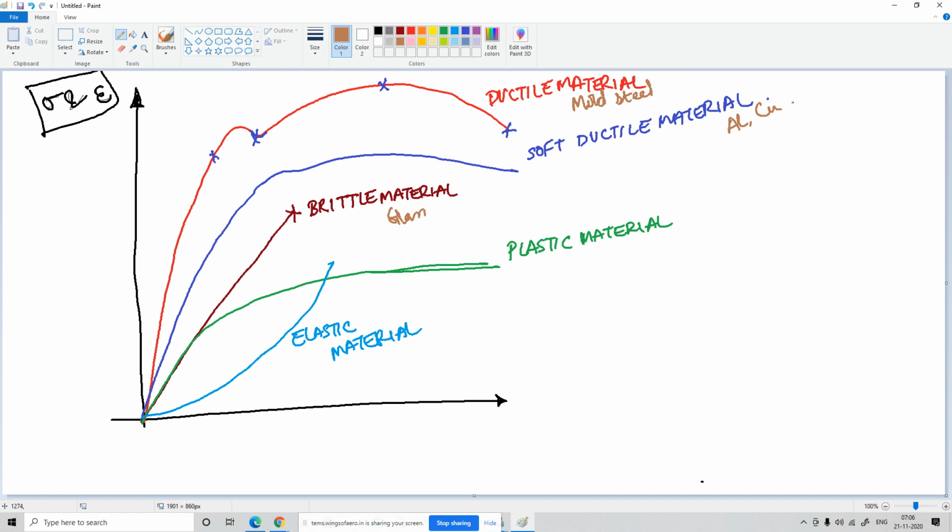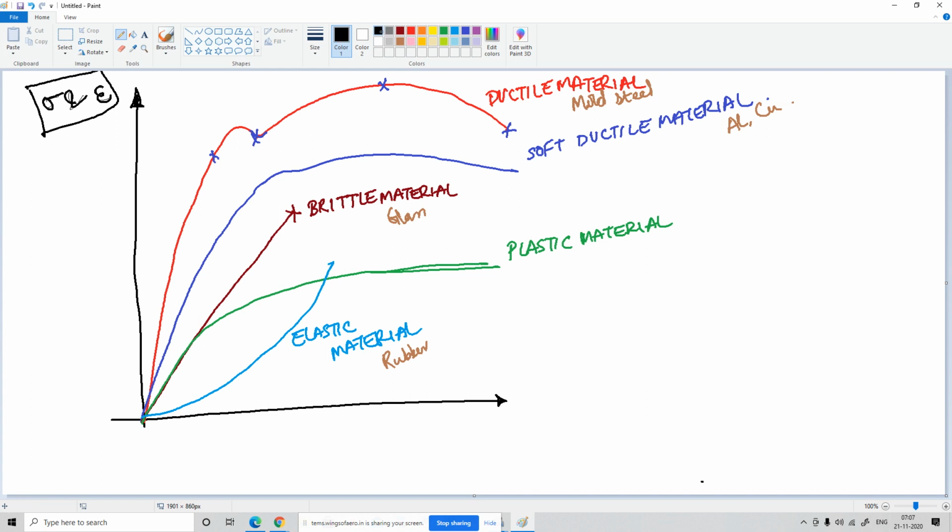Plastic material, and elastic means rubber. Right? Have you noted down? Okay.